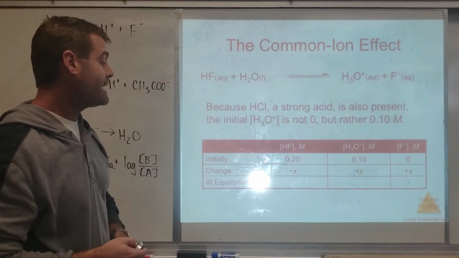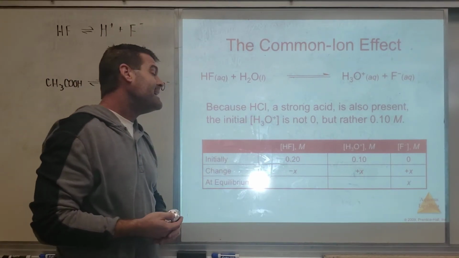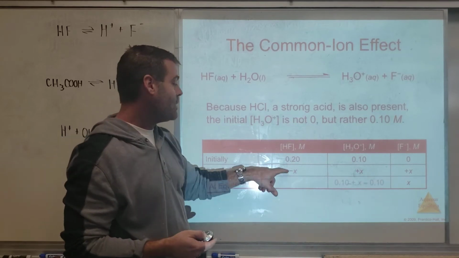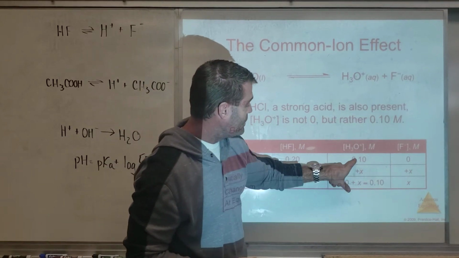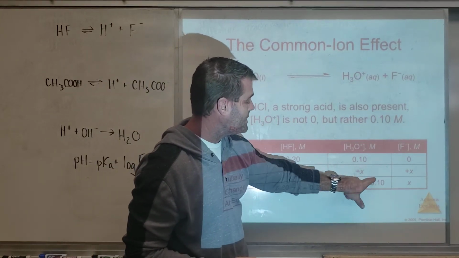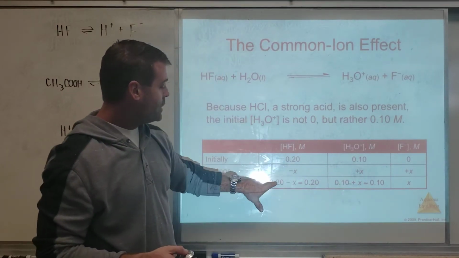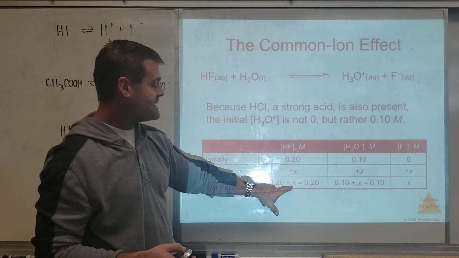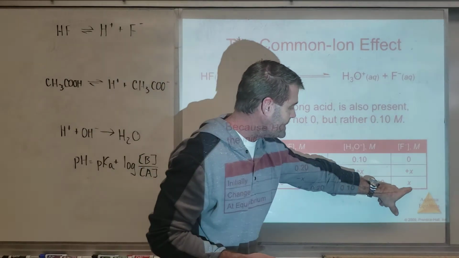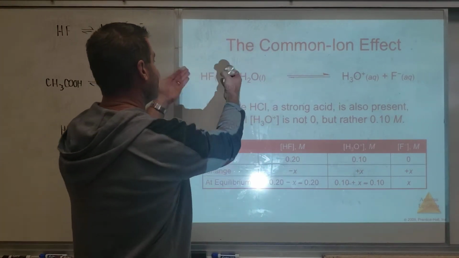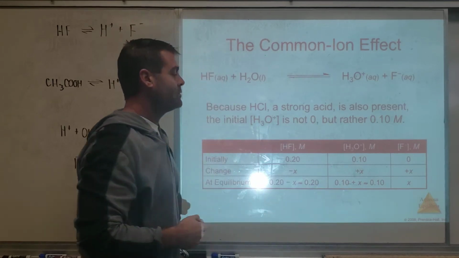For all practical purposes, we can say it's essentially 0 compared to that. So we'd say we just have 0.10 molar hydronium ion, 0.20 minus X, which is essentially 0.20, and then X amount, however much dissociated with the addition of the hydrochloric acid.